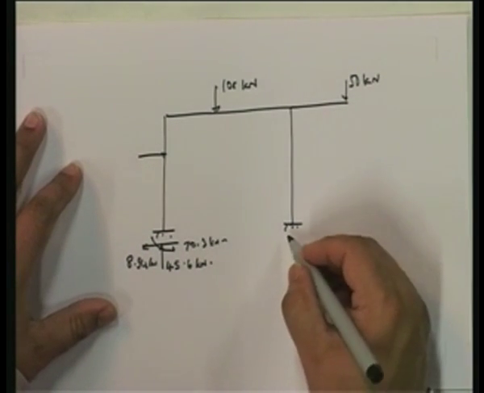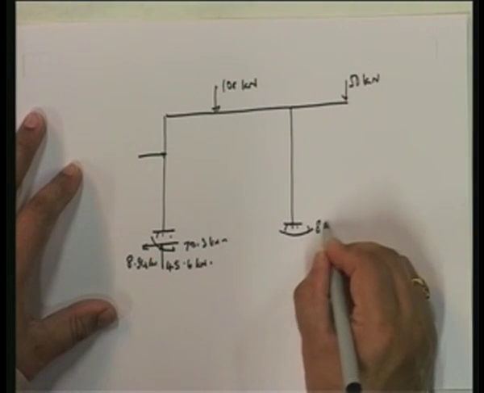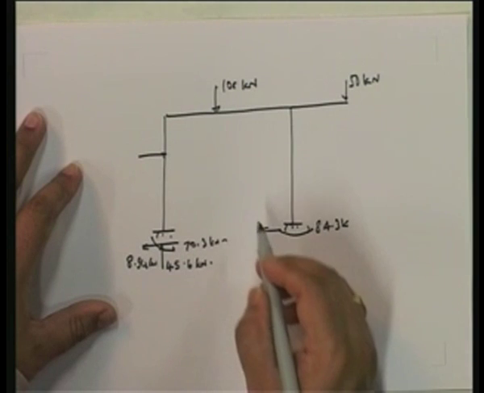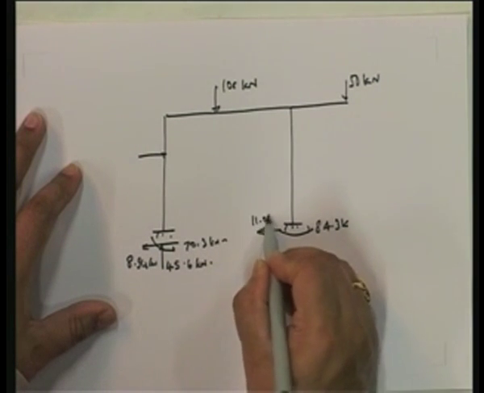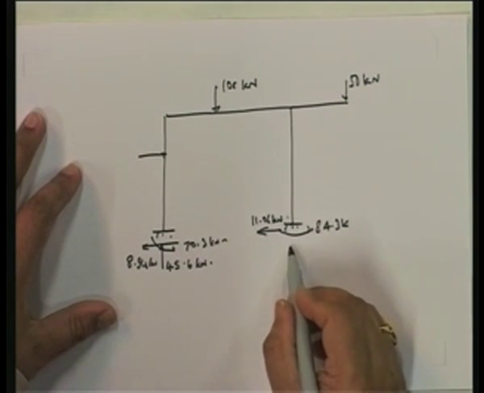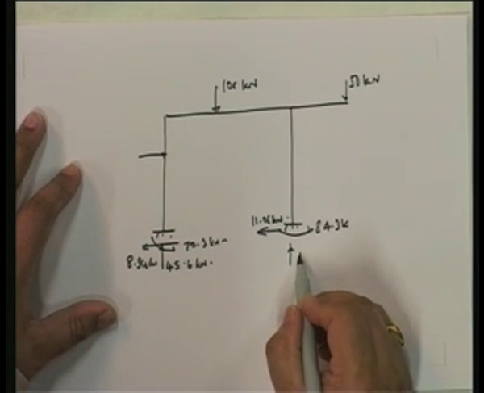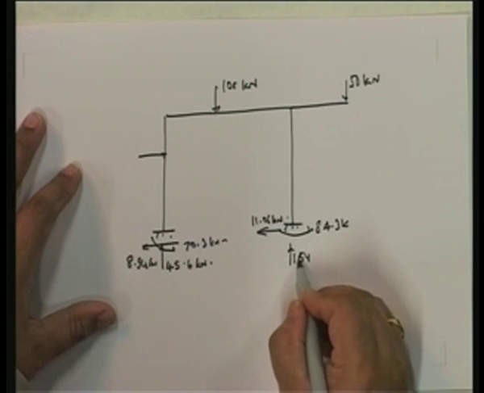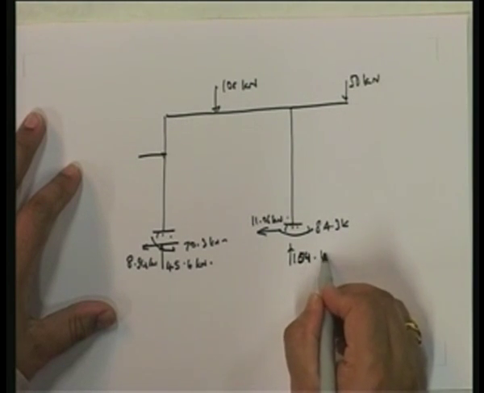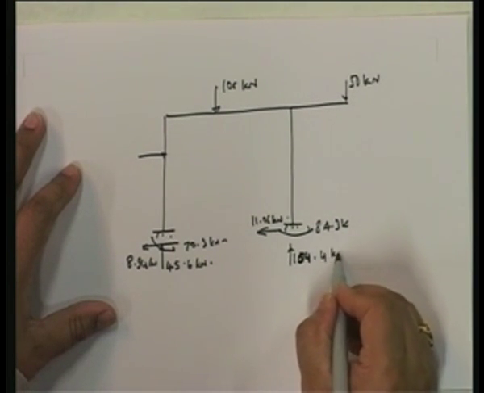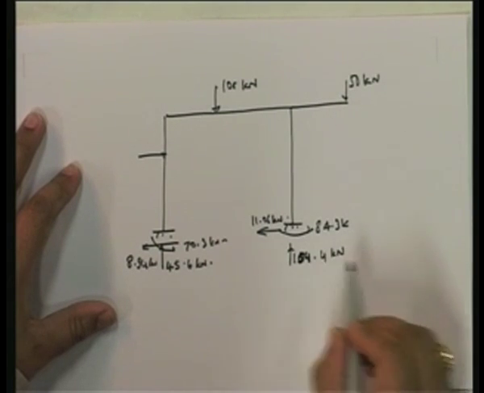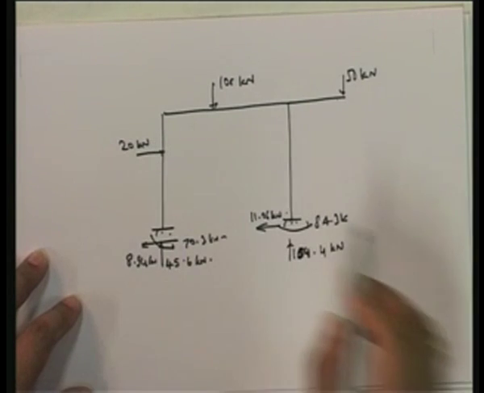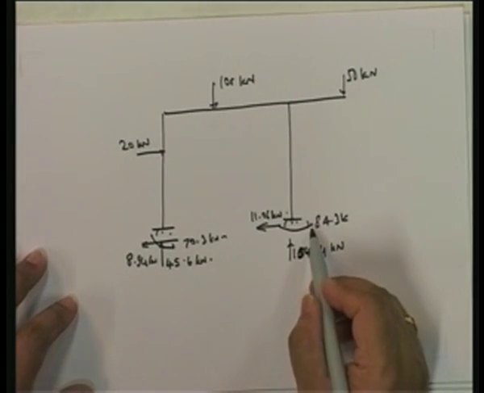Over here, the moment is going to be 84.3 kilonewton meters. This horizontal force is going to be 11.06, and the vertical force is going to be equal to 104.4 kilonewtons. If you look at this, this balances everything out, okay?